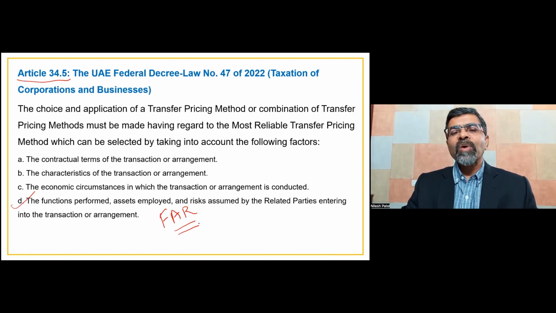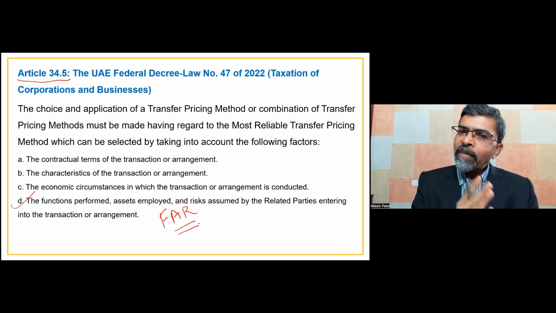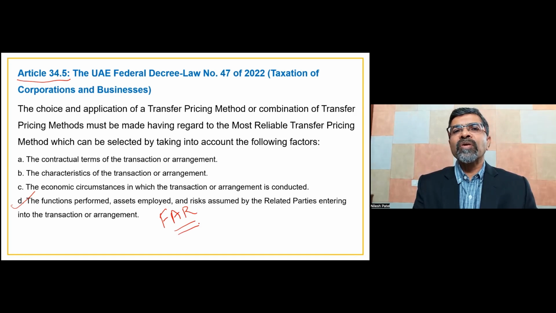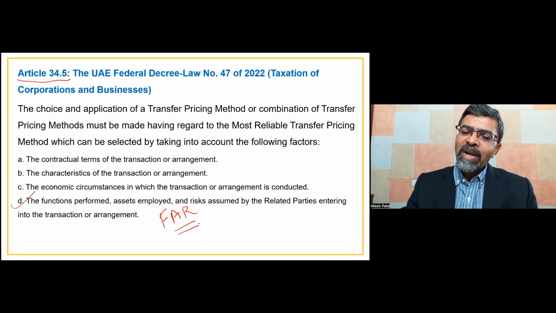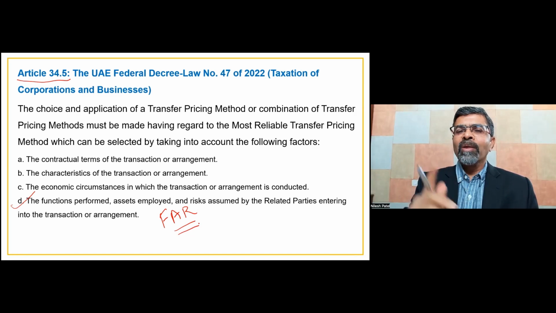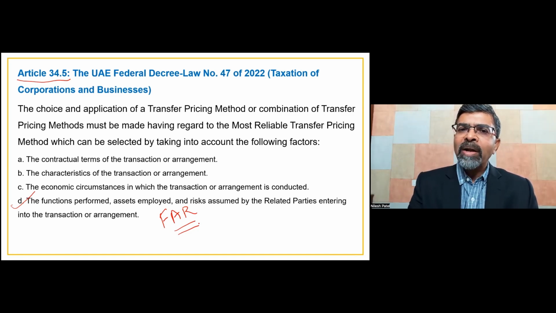We have to take into account FAR of related parties participating in the transaction, as well as the FAR of the uncontrolled comparables, which we find in the transfer pricing databases. And when the FAR profile of the uncontrolled comparables is similar to the FAR profile of the related party or the tested party, only then we can apply a particular method.